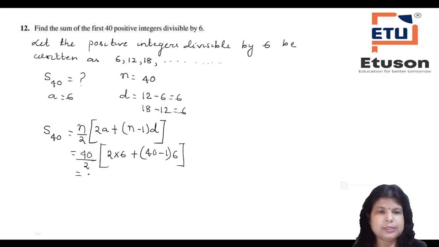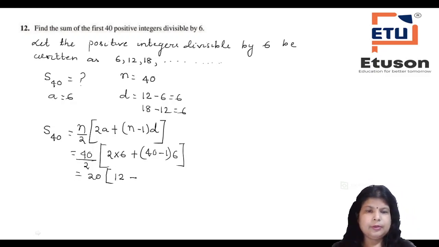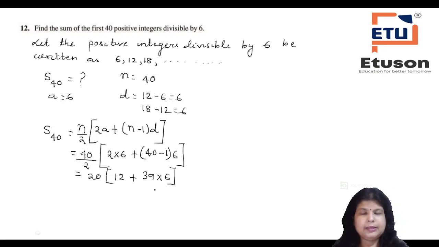Right? So that is equal to 20, within the bracket you have 12 plus 39 into 6. So what is 39 into 6?